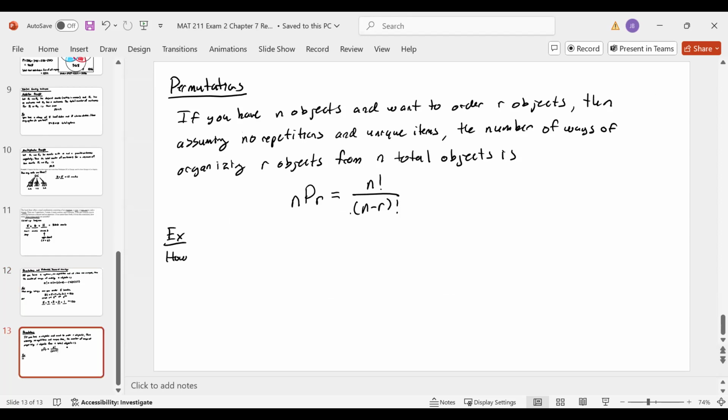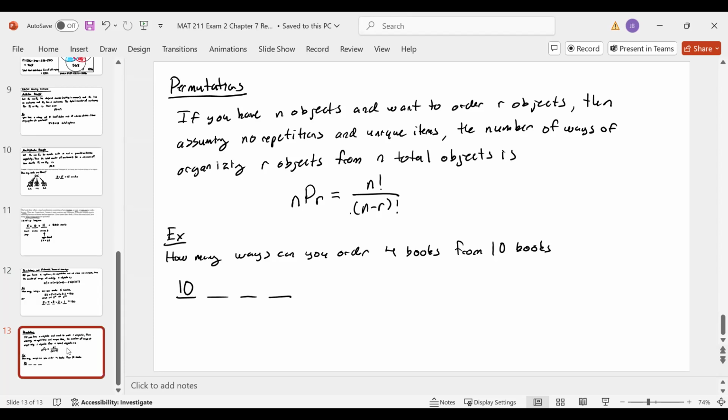How many ways can you order 4 books from 10? Okay. So again, if you just play the game that I've shown you, well, how many books do you have? 10. How many books do I actually want to order? I want to order 4 of them. So 1, 2, 3, 4. I only need 4. So then how many options do I have for my first book?